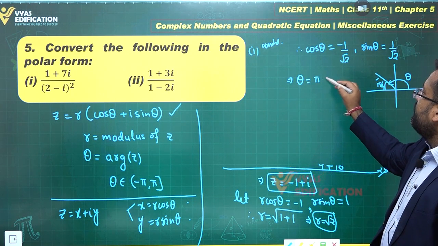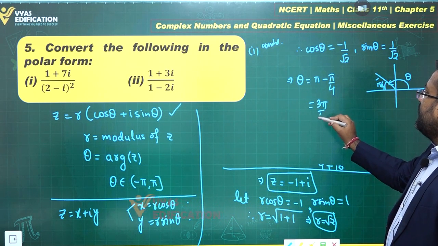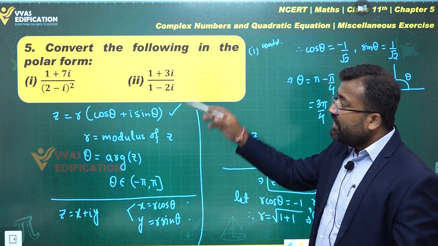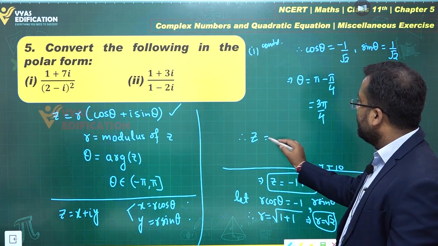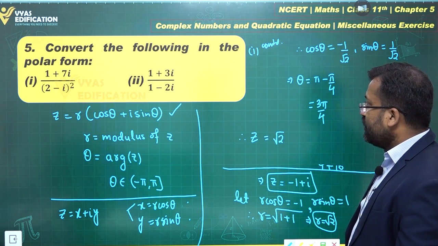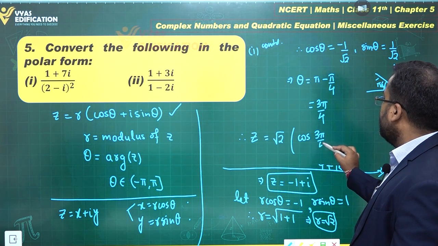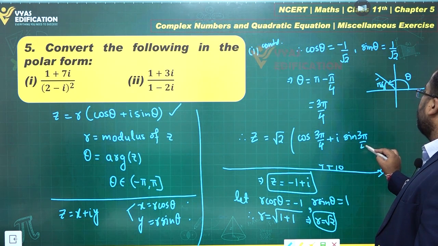Theta would be pi minus pi by 4, which is 3 pi by 4, and therefore z, the complex number finally converted in the polar form, would look like root 2, that is r, times cos theta plus i sin theta, which is cos of 3 pi by 4 plus i sin 3 pi by 4.